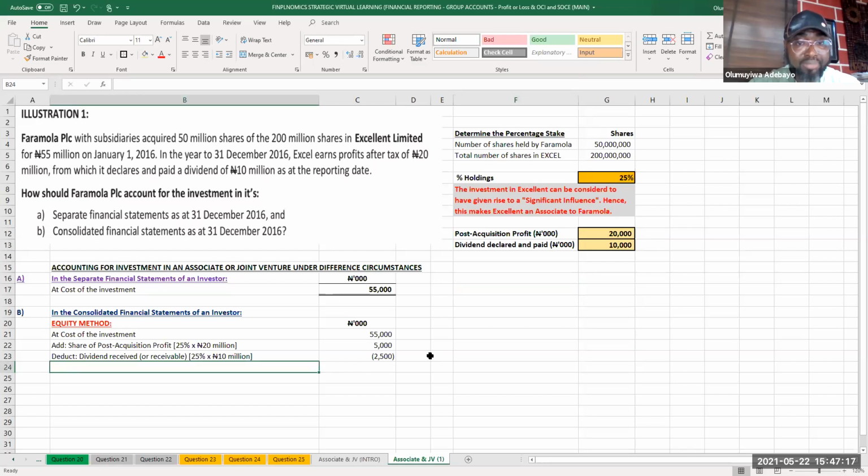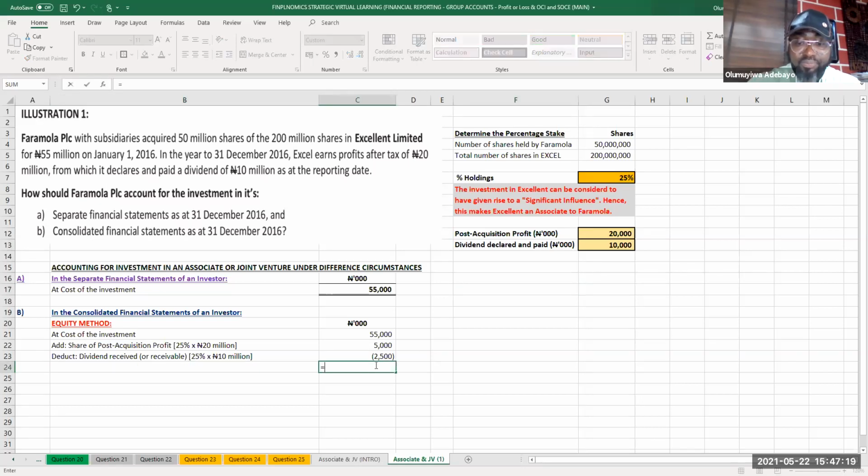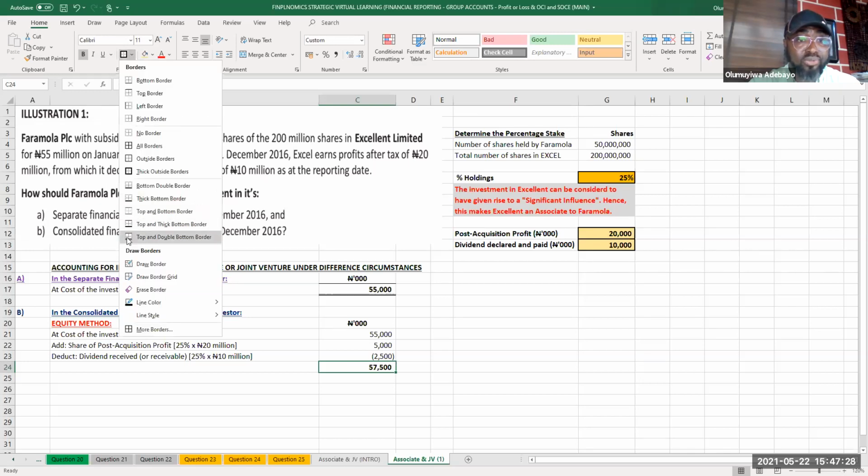Okay, no impairment loss. And this is what we'll recognize in our books.